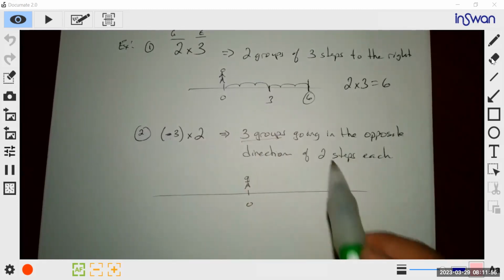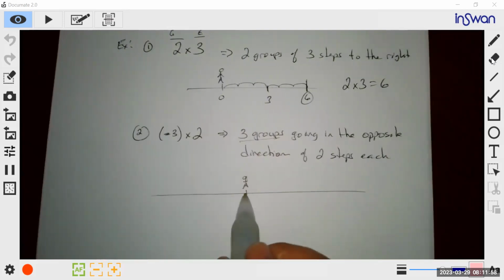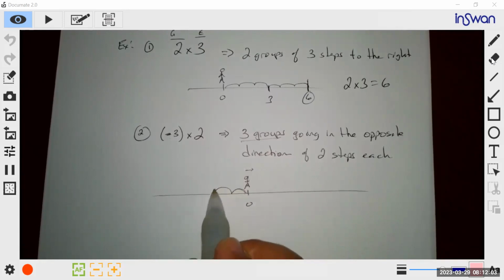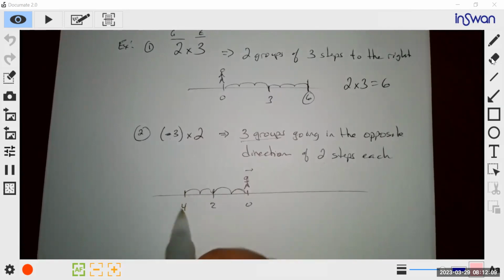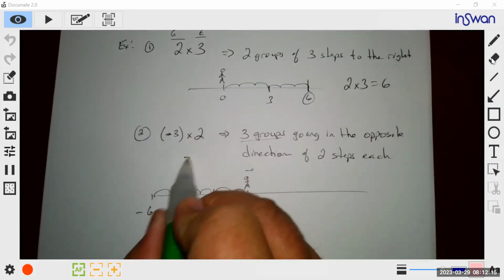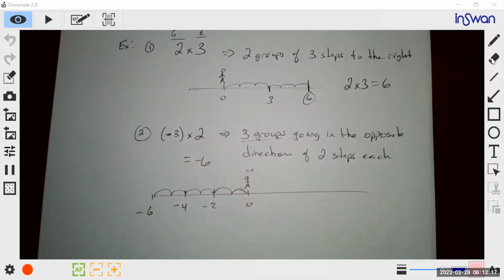We have three groups of two, but they're going in the opposite direction. So he's facing this way, remember? So he has to go backwards. That's 1, 2, that's 4, and then 1, 2. That's 6. But it's in the negative direction, so the answer is -6.